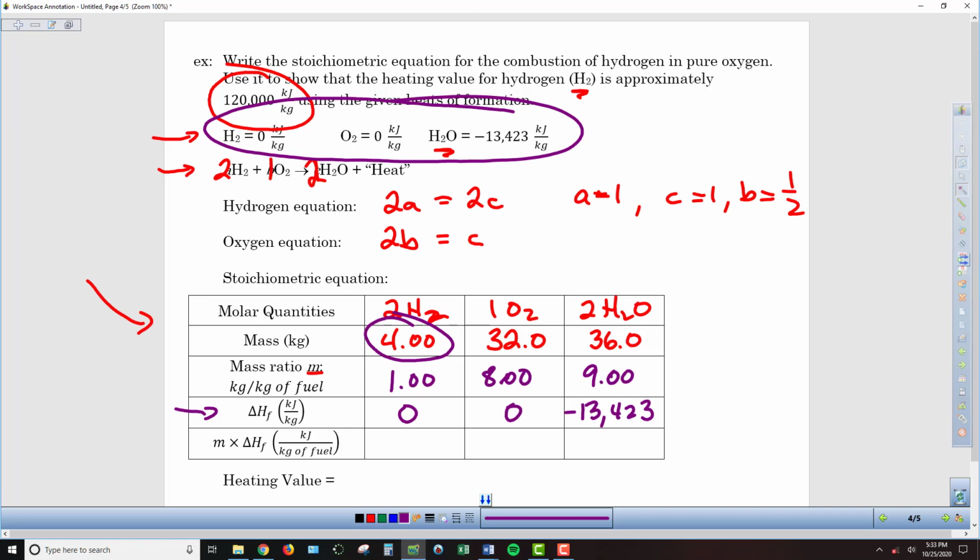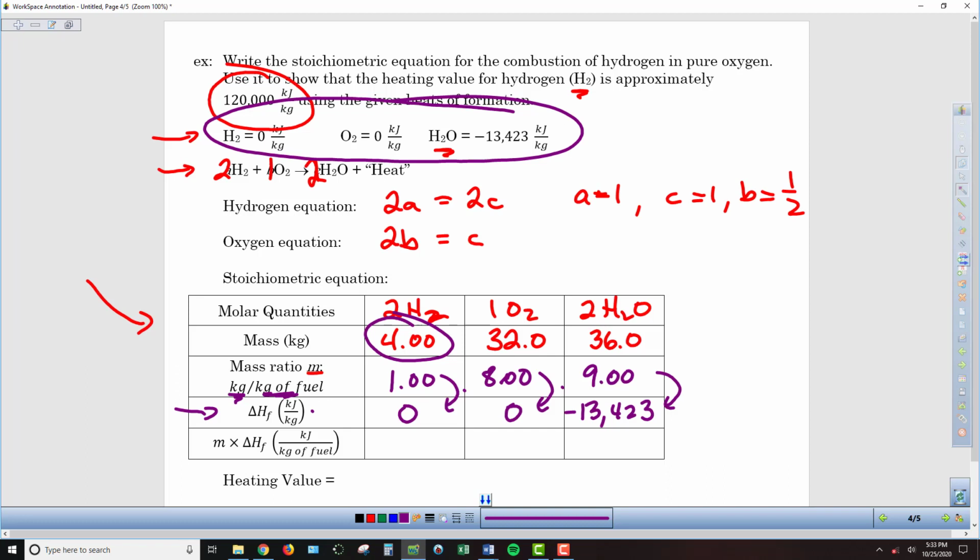negative 13,423 kilojoules. So now I'm going to multiply these two rows because I'm going to figure out how many kilojoules per kilogram of fuel are being produced. If we think about the units, so we've got kilograms of whatever the item is divided by kilograms of fuel.